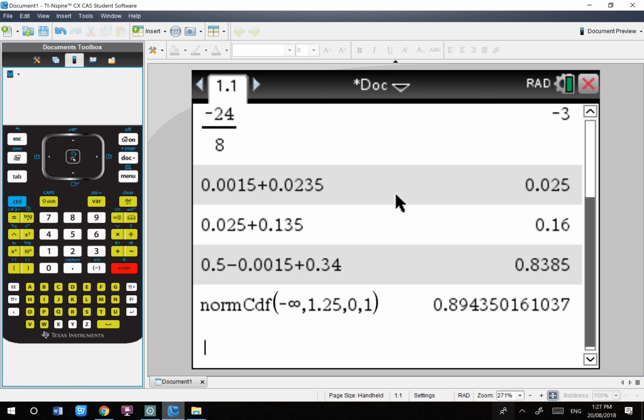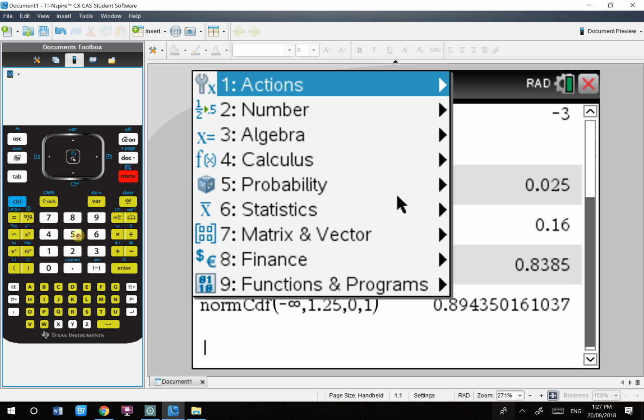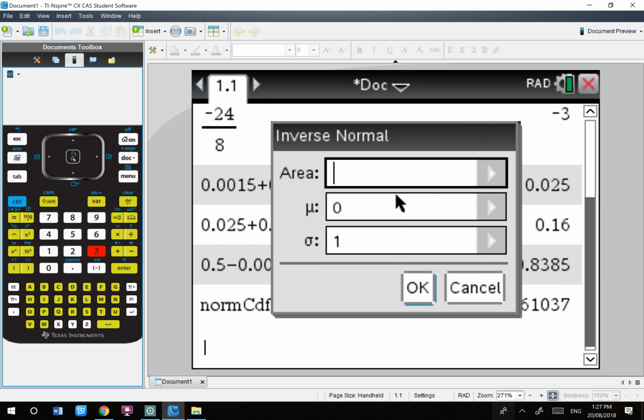So what I will do in this case is menu 5, 5, 3, the inverse normal. So what you use is the inverse normal, menu 5, 5, 3. I want to work out a point. I don't know what's the value of that point. But I know the area, okay, be aware of that.